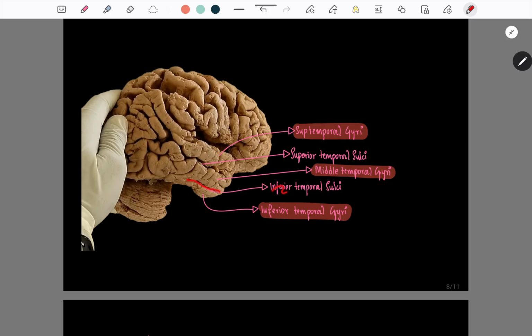Here below is the inferior temporal sulcus. They divide the temporal lobe into 3 gyri. Above the superior temporal sulcus is the superior temporal gyrus, between the superior temporal sulcus and inferior temporal sulcus is the middle temporal gyrus, and below the inferior temporal sulcus is the inferior temporal gyrus.